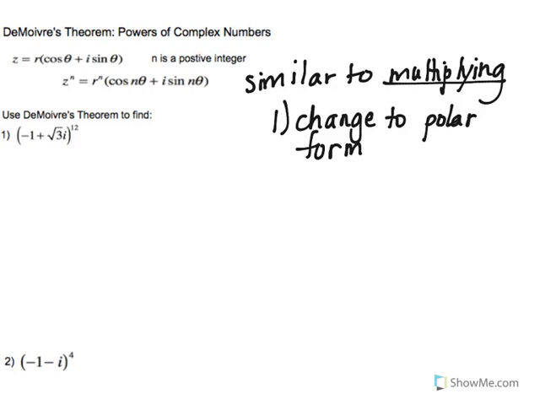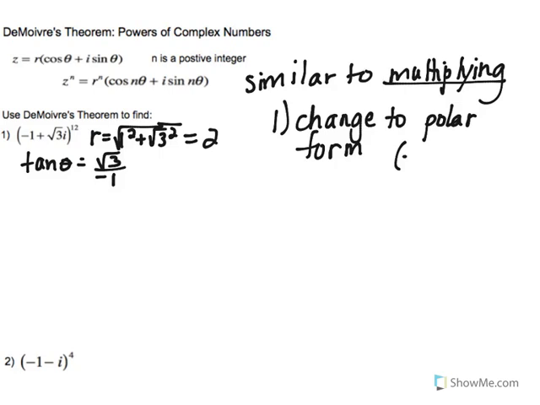So in this case we have r is equal to the square root of 1 squared plus the square root of 3 squared. And that's going to give us an r value of 2. Our tangent is going to equal 3 over negative 1. Now remember, you want to get the correct quadrant. So if we're looking at the point negative 1, square root of 3, we are working with quadrant 2.